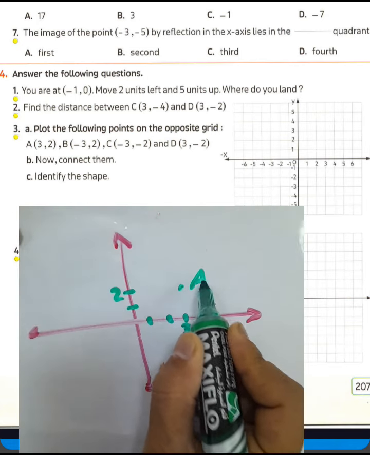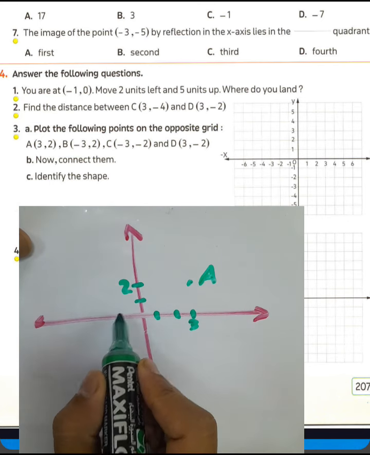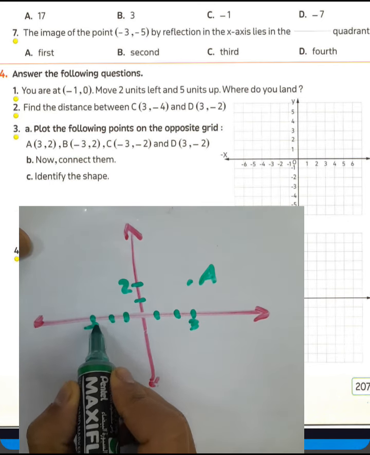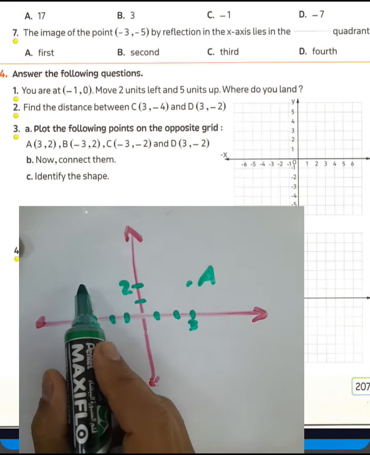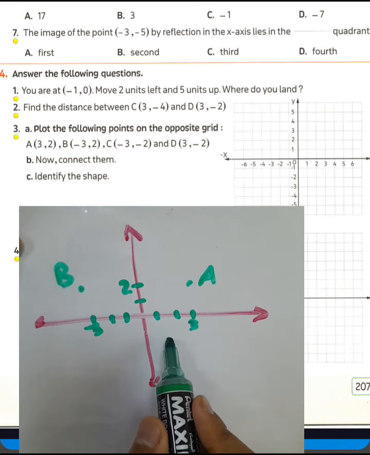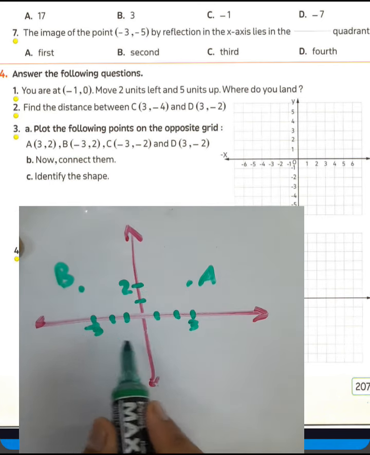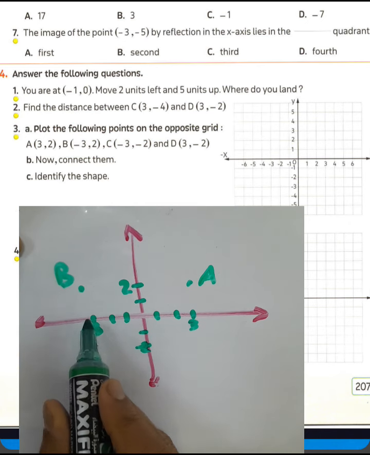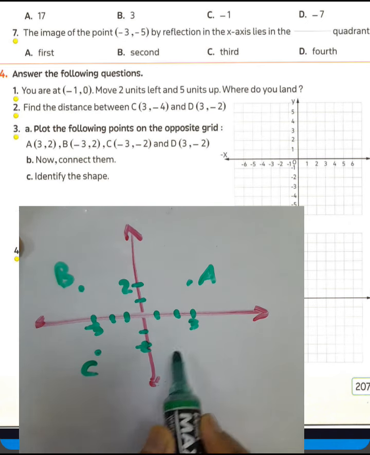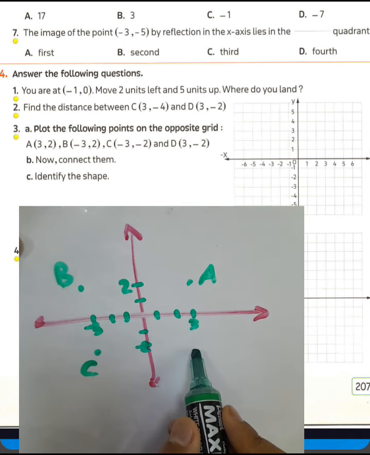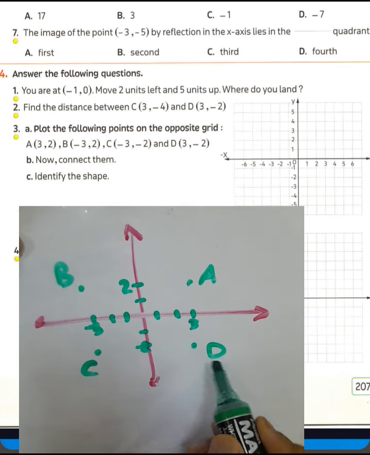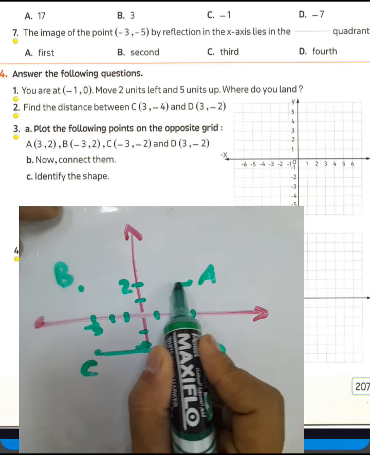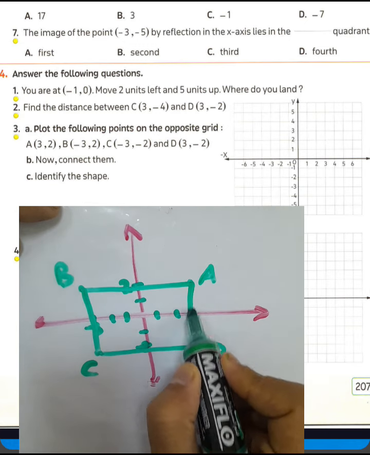It was point A. And point B, (-3, 2): -1, -2, -3, and 2. It was point B. And point C, (-3, -2). Point D, (3, -2) here at point D, and then join them. We have here a rectangle.